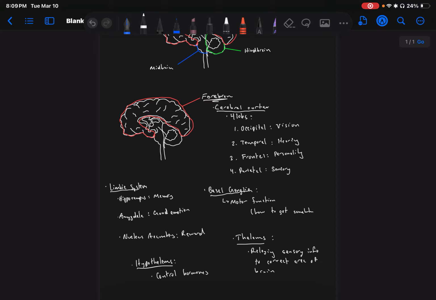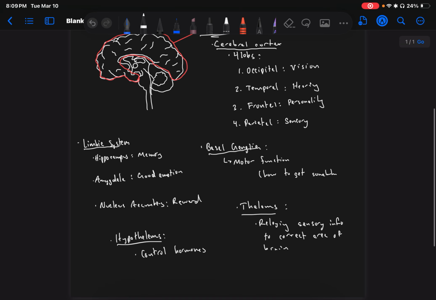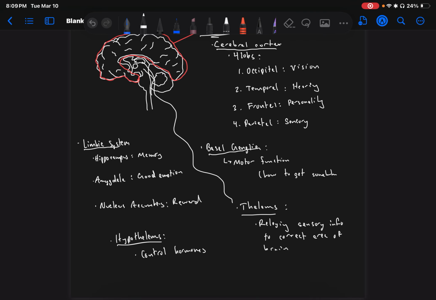Now I guess we could just start labeling each part onto the diagram. This is going to be kind of messy, I'm not going to lie. How should I do this? Well, this diagram is not exactly perfect for this, but here we have the thalamus. Perfect.